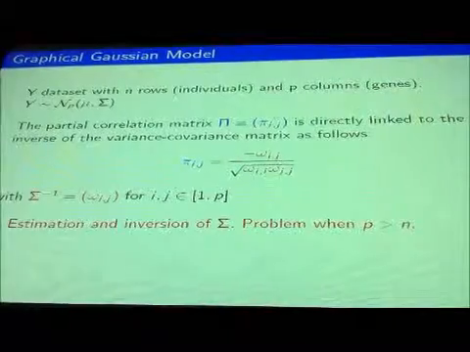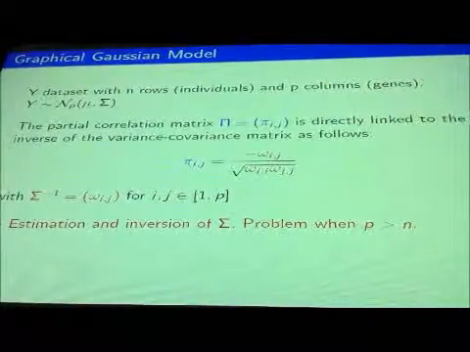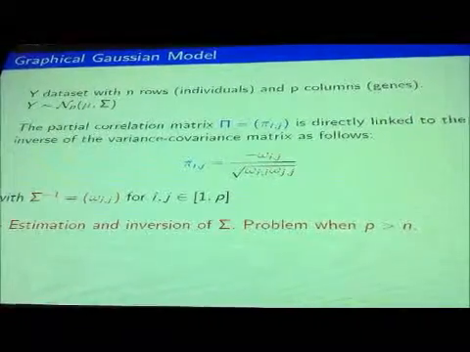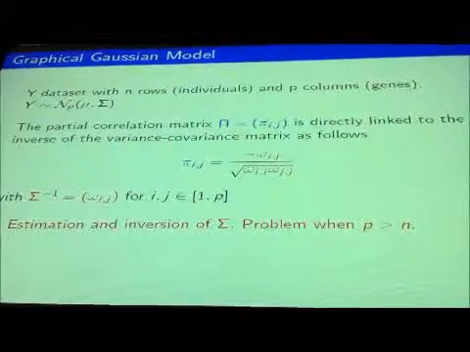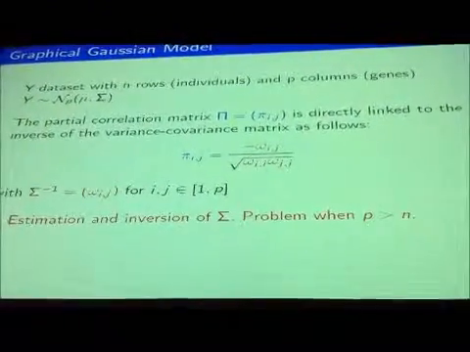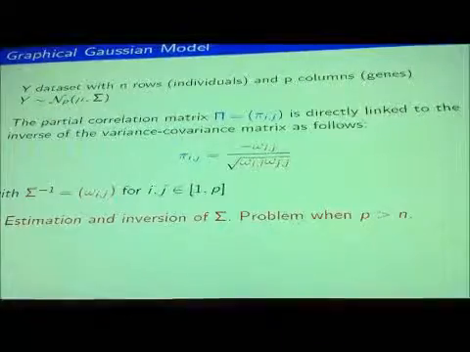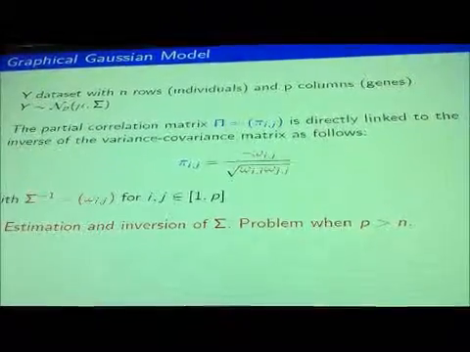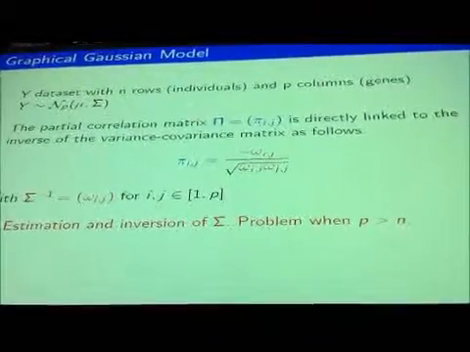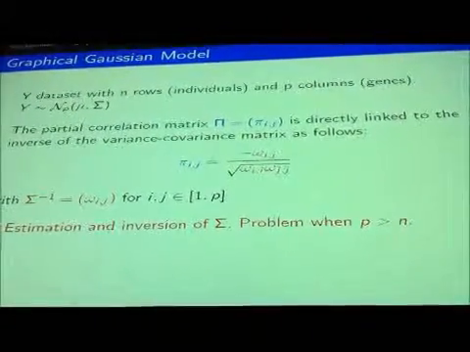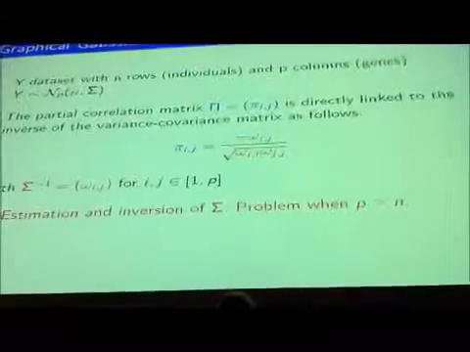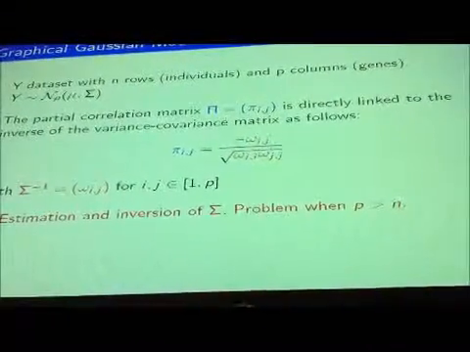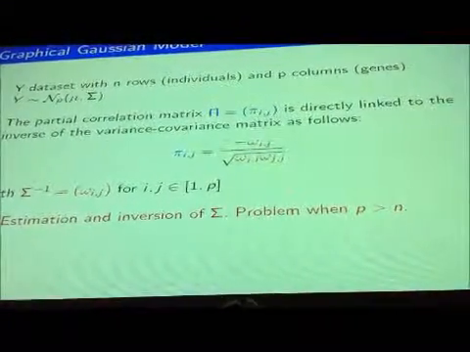So, to calculate the partial correlation, we have to estimate and invert sigma, which is quite a challenging issue when the number of variables is much higher than the number of individuals. So, to address this task, a number of methods have been developed quite recently.